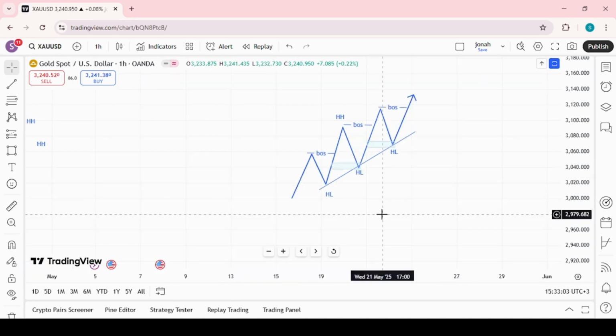We find there an area where price moved so aggressively, or you will see a candle of the opposite color to where price is moving.